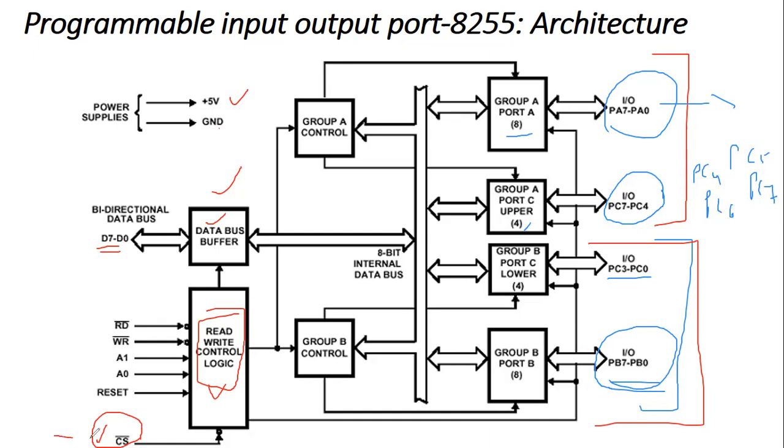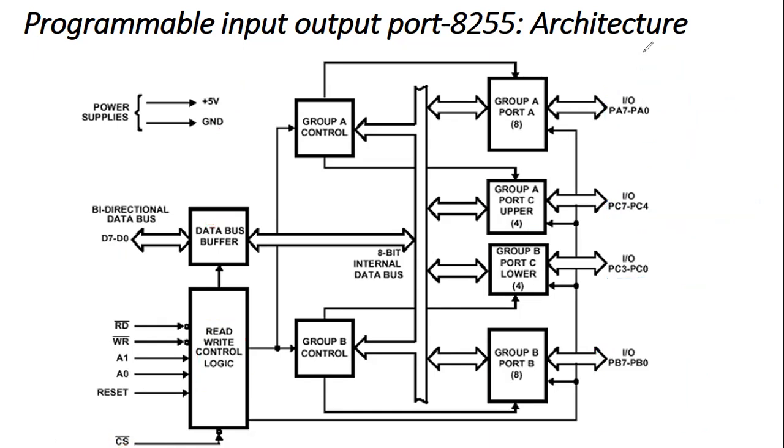How do you enable it? By connecting this CS to the 0 input. This is actually an active low input, so when you connect it with 0, it will be enabled. So this is all about the architecture of the 8255.